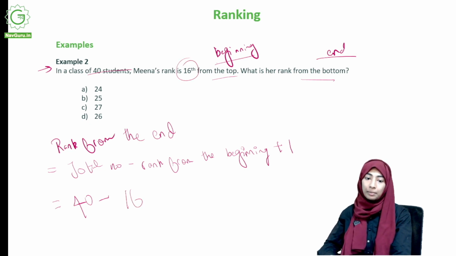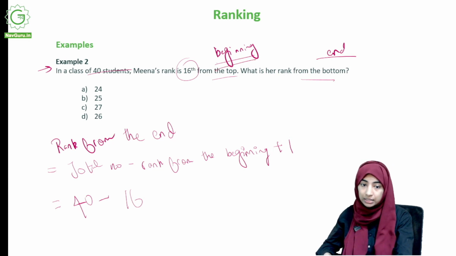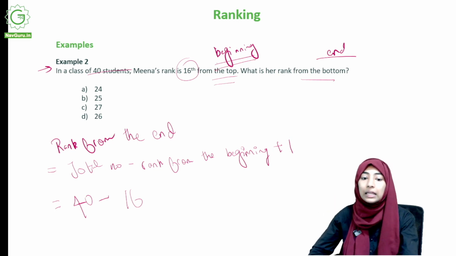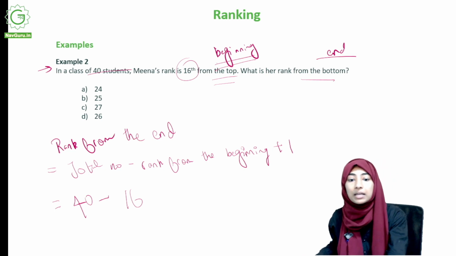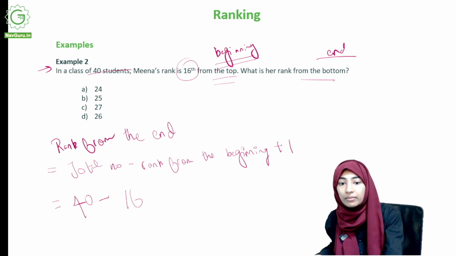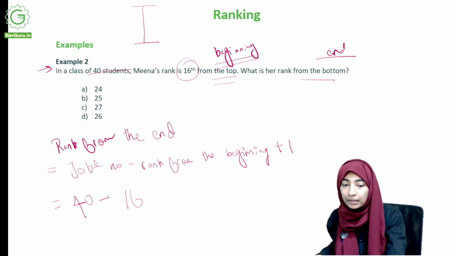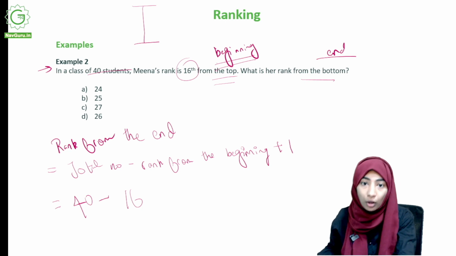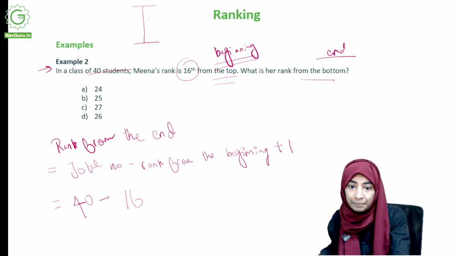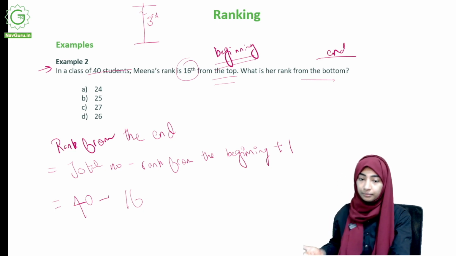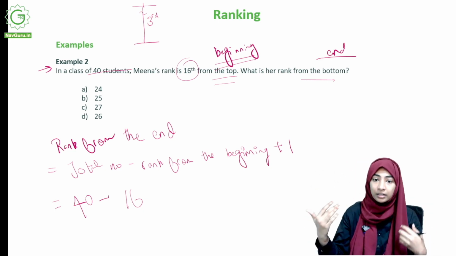If you still have any confusion as to why the beginning is taken as the top, it is because the ranking starts from the top. Finding the rank from the top is very easy. For example, if somebody is at the third rank, it's 1, 2, 3, third is their rank.